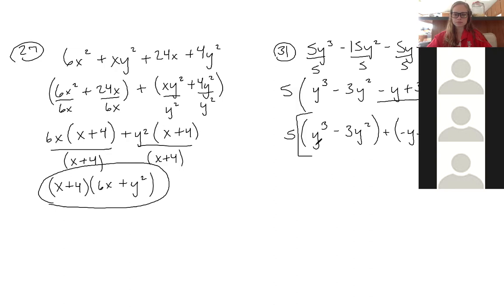Divide by y squared. Or factor out a y squared here. Oh, yeah. What about here? Anything? No. Well, this one's tricky. Remember, whenever we have a negative sign, we usually want to factor a negative out.